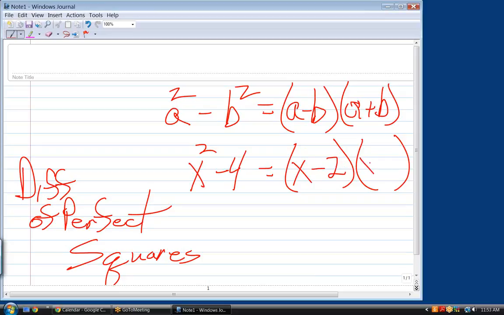Minus 2 times, and the second part's always just the conjugate. In other words, it's the same thing as the first part, opposite sign. Now, do you see why this is 2 and not 4? In other words, we're really taking the square root of b squared, which is b. So if b squared is 4, then b must be 2. With me? Yeah. Factor this.